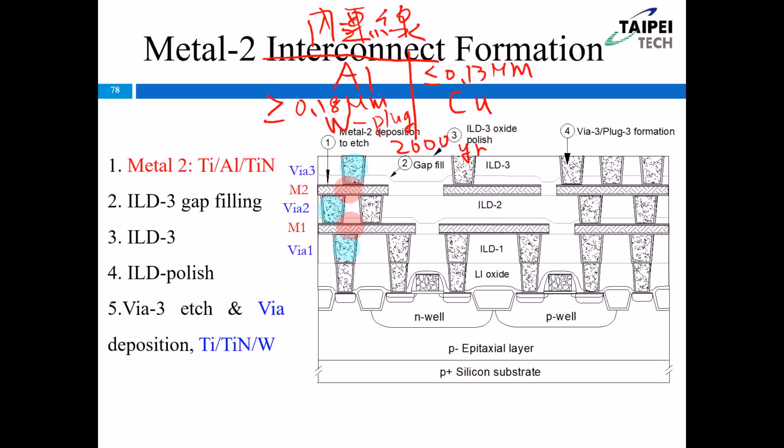And for the copper, for the first layer, the first local interconnect, we use the tungsten. For the upper ones, like VR1, VR2, VR3, we can use the copper to fill in this plug. So we use the copper.